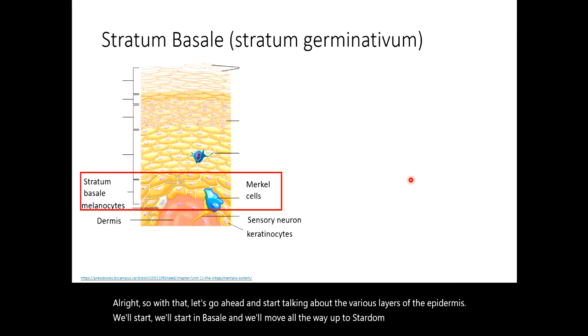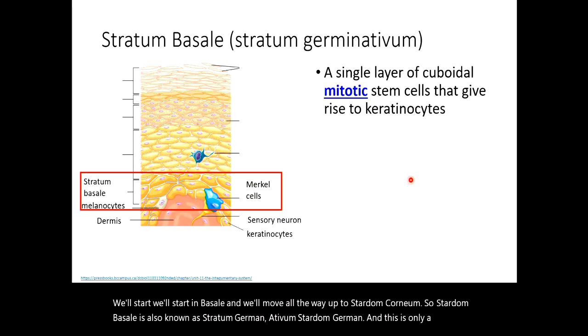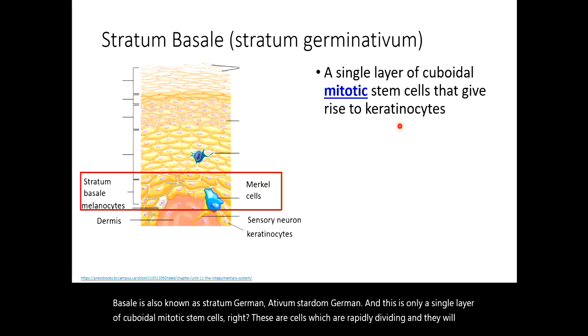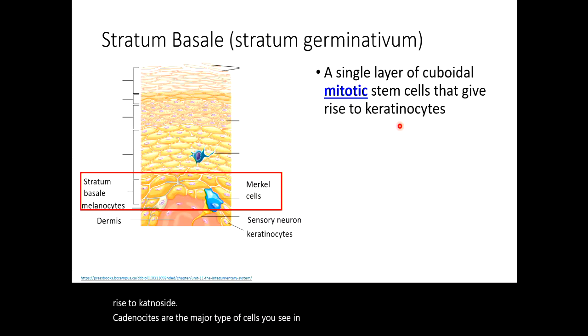Stratum basale is also known as stratum germinativum, and this is only a single layer of cuboidal mitotic stem cells. These are cells which are rapidly dividing, and they will give rise to keratinocytes. Keratinocytes are the major type of cells you see in the epidermis.